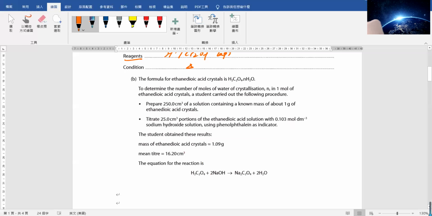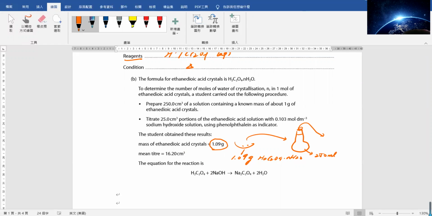The formula of ethanedioic acid crystal is this one, to determine the number of moles of water. You use 1.09 gram of ethanedioic acid crystal, then you make it up to 250 ml solution.